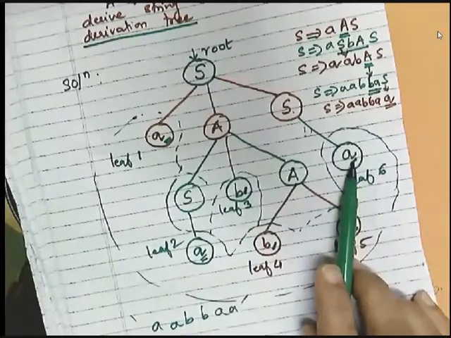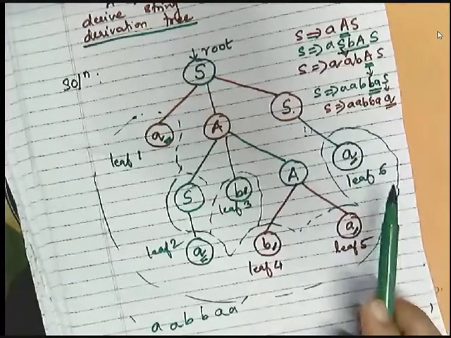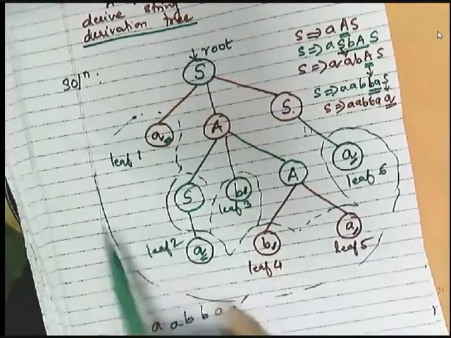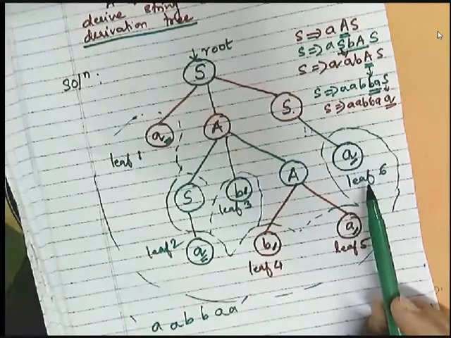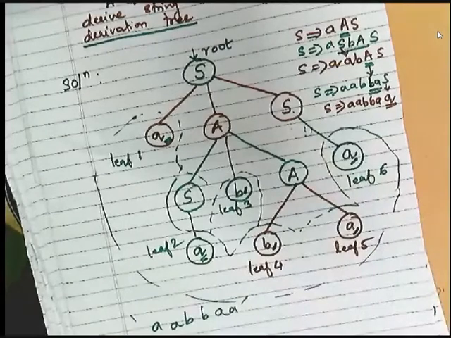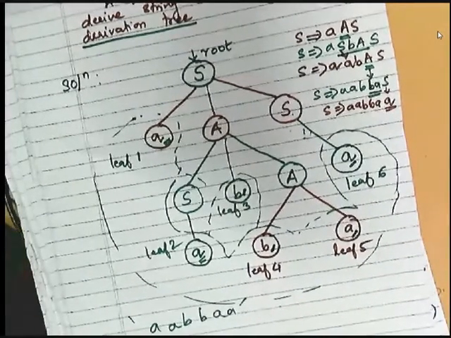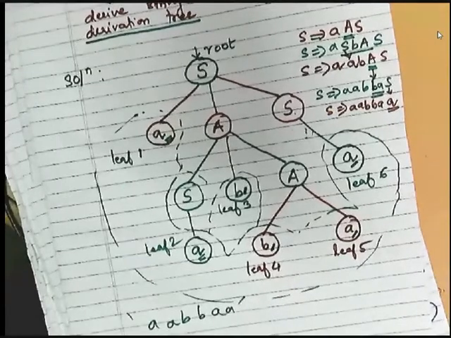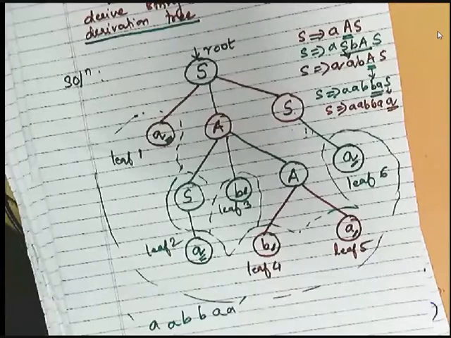In that case, it will be leaf 6, but it is derived first, whereas in the leftmost derivation it is acting as leaf 6, which is derived last. But the tree will remain the same. So I hope it is clear to you how, with the help of a derivation tree, you can show the derivation of a string from a given grammar.